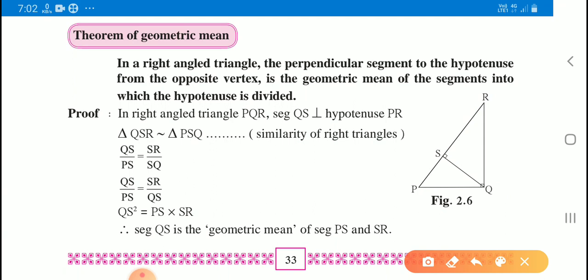QS square is equal to PS, this side, into the remaining sides. So again QS square is equal to PS into SR. That is known as, here QS is the geometric mean of PS and SR.